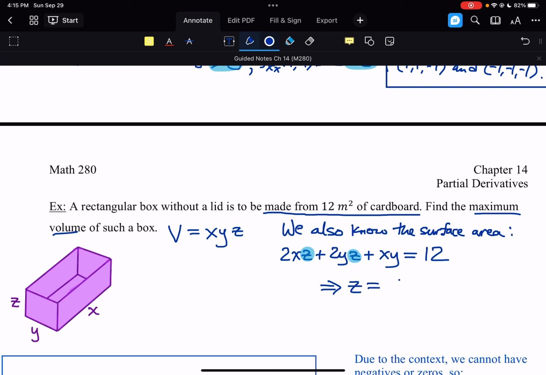We end up getting z is 12 minus xy over 2x plus 2y, or 2 times x plus y, if you like. And we'll go ahead and put this in for z. So we're going to have xy times 12 minus xy over, again, 2 times x plus y.